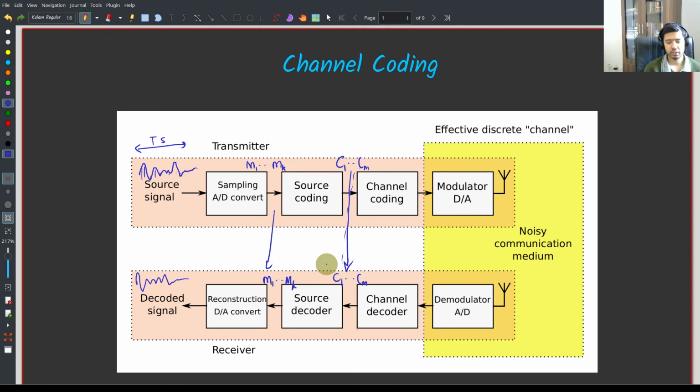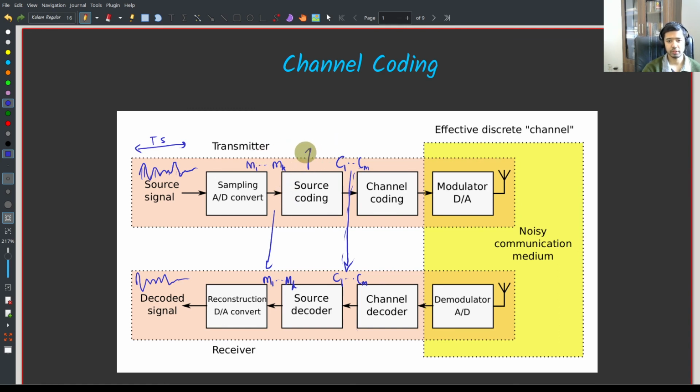So you could compress it and remove all the unnecessary redundancy present in the sequence. What the channel coding block does is the dual of this. You add controlled redundancy to the sequence, such that even though some of the bits could be corrupted when you receive, these bits can be corrected.